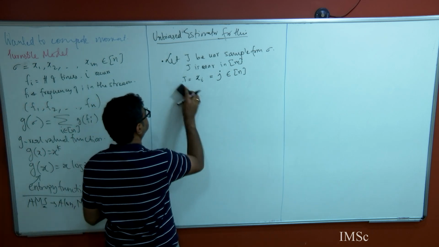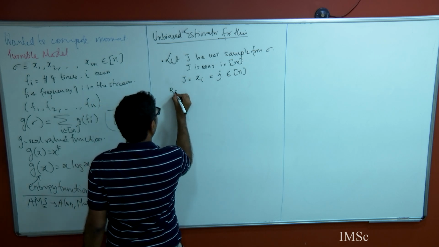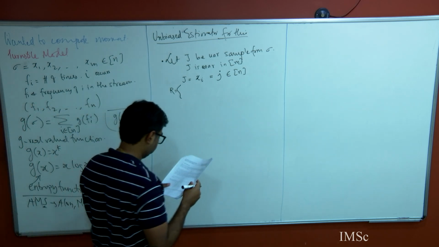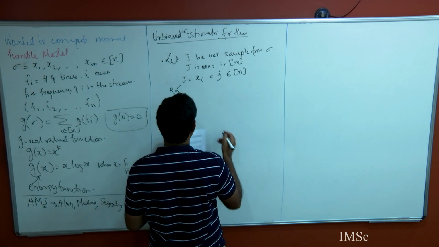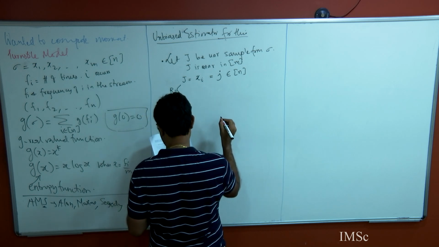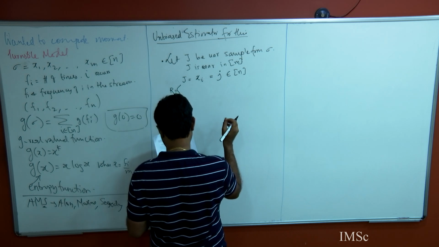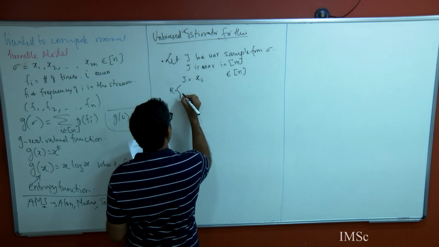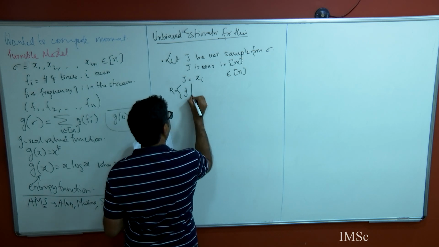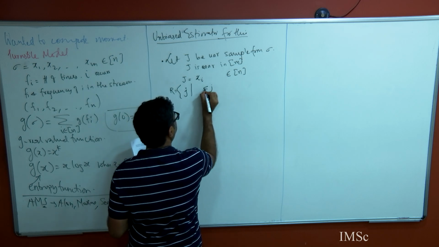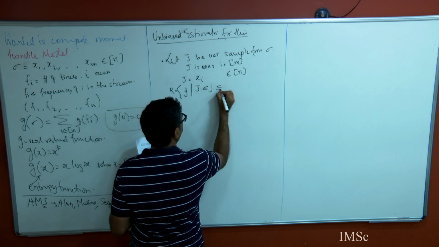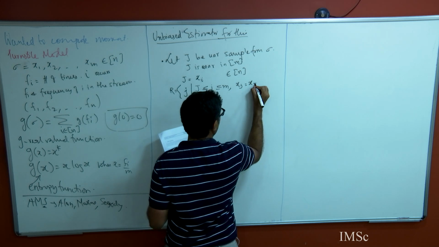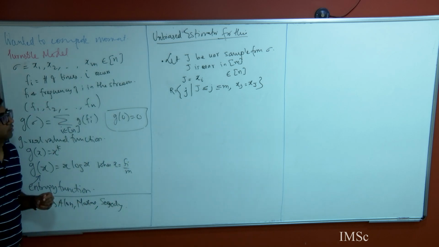Let me define R. R is the set of indices j' greater than or equal to J, less than or equal to m, such that x_j' is equal to x_J. So what is this set R?